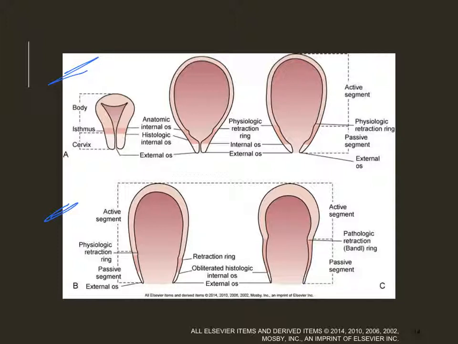Dilation of the cervix is the enlargement or widening of the cervical opening. So when we're talking about cervical opening, we're talking about this down here, the cervical canal. Once labor has begun, the diameter increases from less than a centimeter to full dilation, which is 10 centimeters.